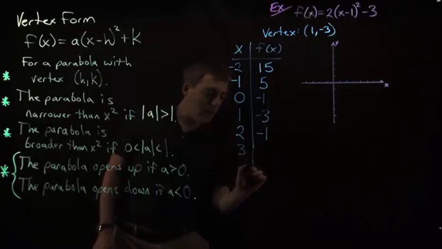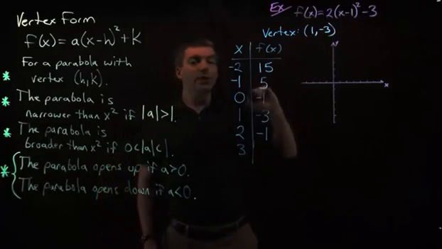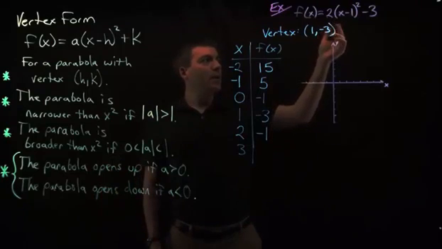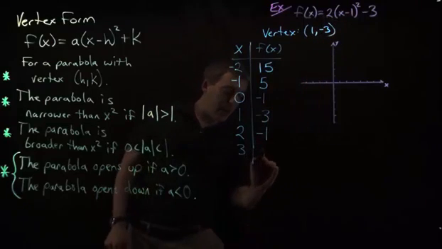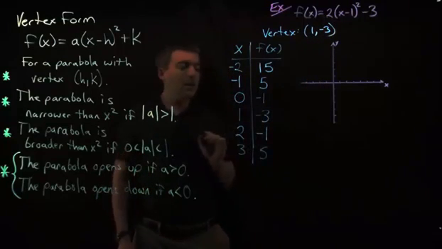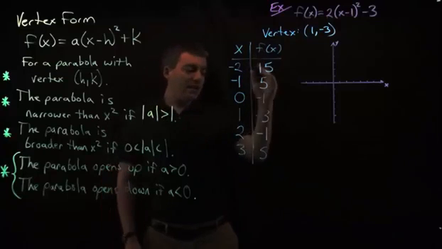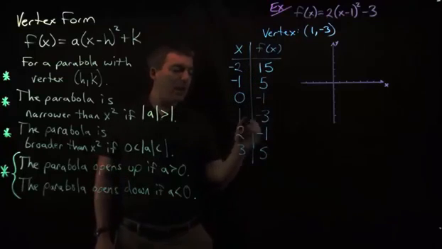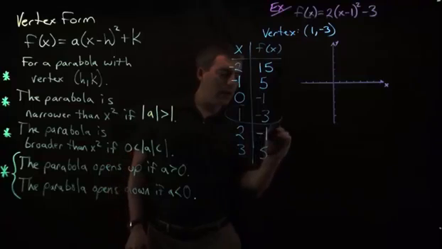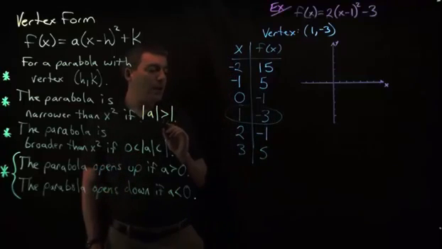Now 3. 3 minus 1 is 2. 2 squared is 4. 4 times 2 is 8. Minus 3 is 5. We can kind of see the symmetry that's happening here. We have the point 1, negative 3.